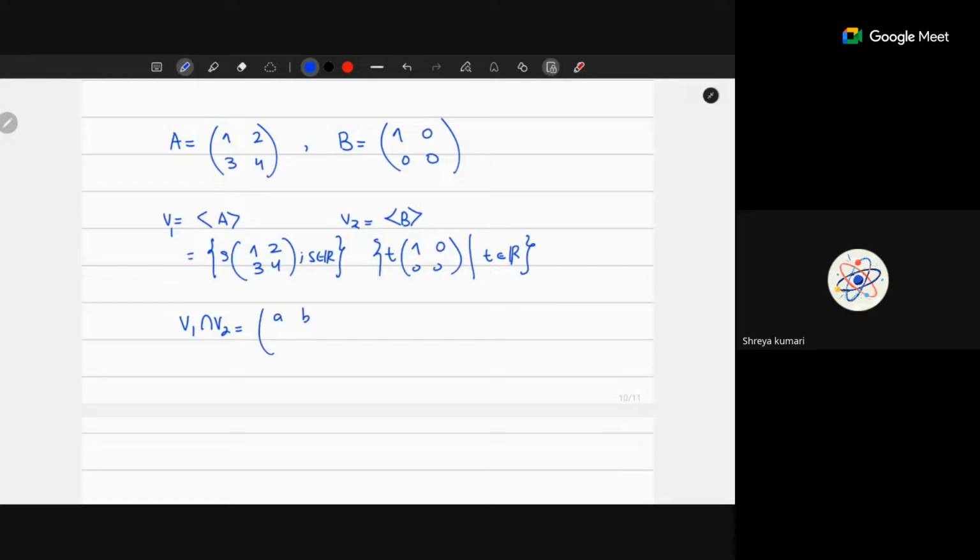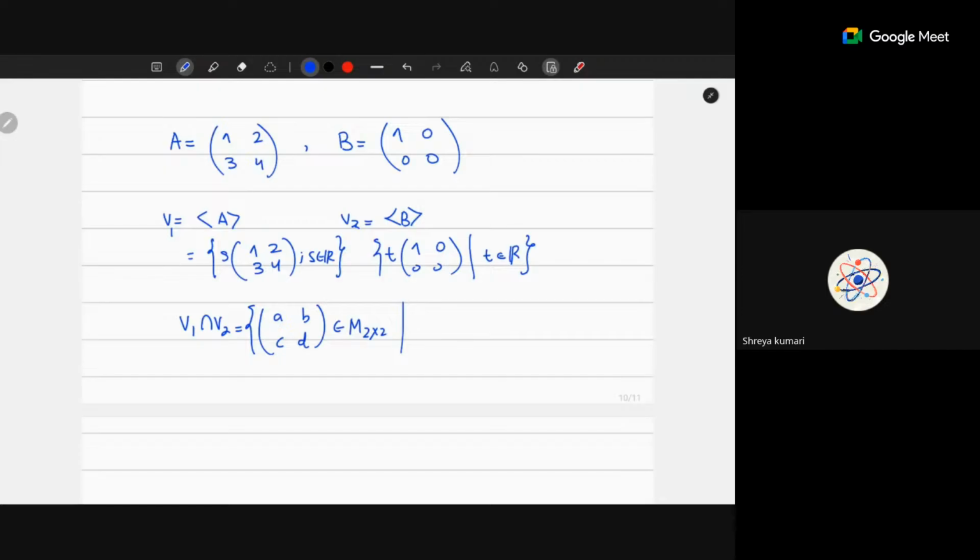So this space will look like this, such that a matrix needs to be in both of them.